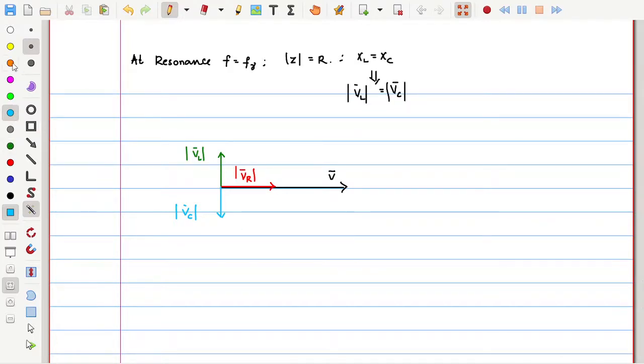Let me say Vx is equal to VL phasor plus VC phasor. One is at 90 degrees, another at minus 90 degrees. When we add that up, this becomes 0. Now 0 plus VR is the total voltage V. So this blue color one is the total voltage.